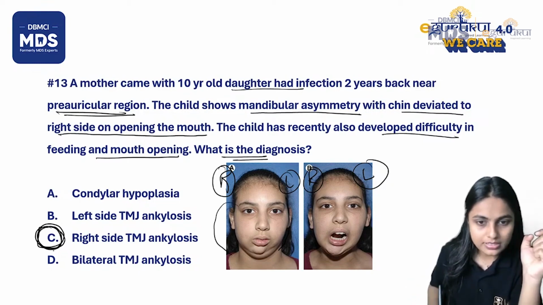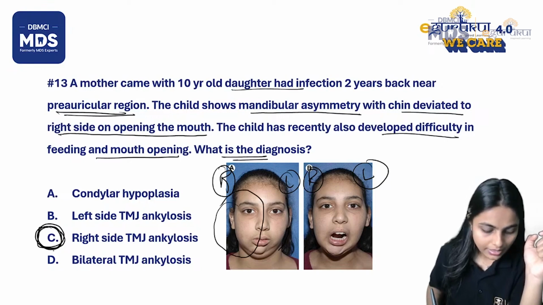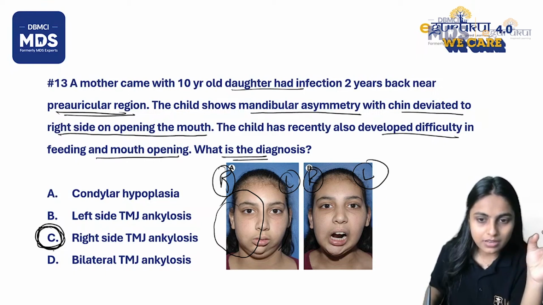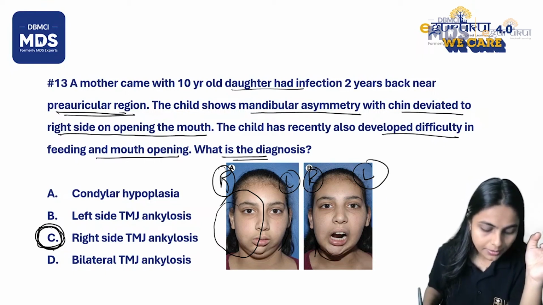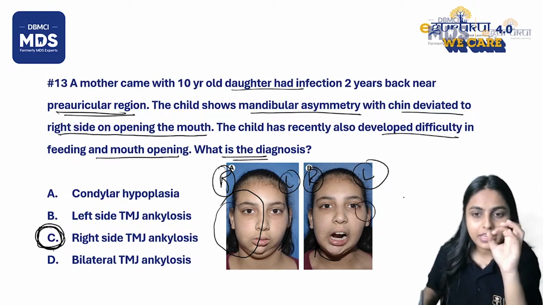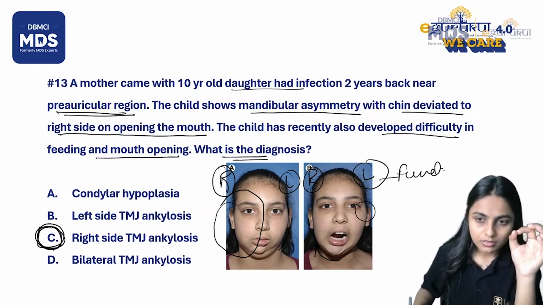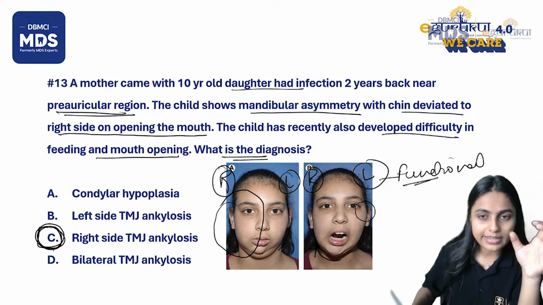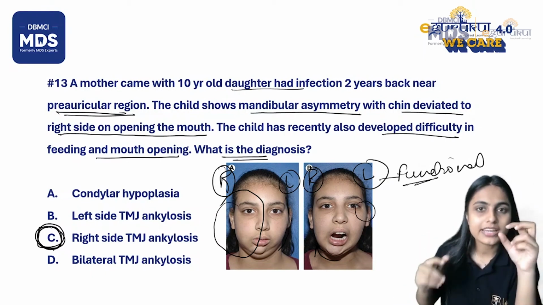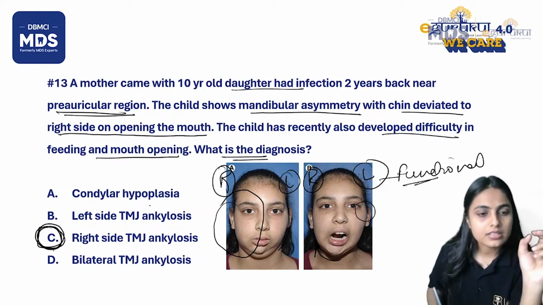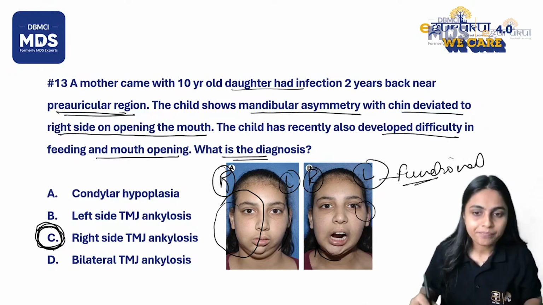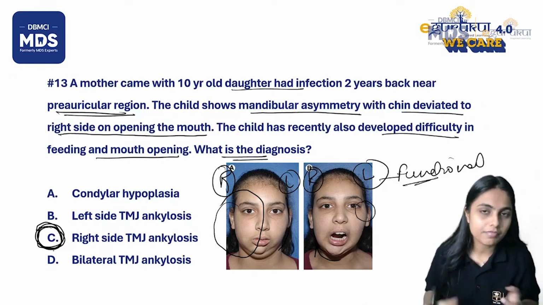When the patient tries to open the mouth, the chin deviates to the right side, meaning the left TMJ is functional. Chin deviating to the right side means the right side is ankylosed. So our answer is option C, right side TMJ ankylosis, which has happened in the child due to infection.